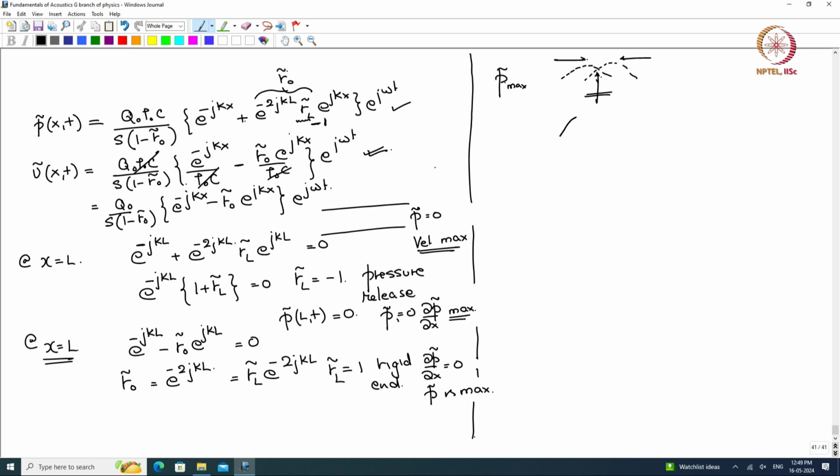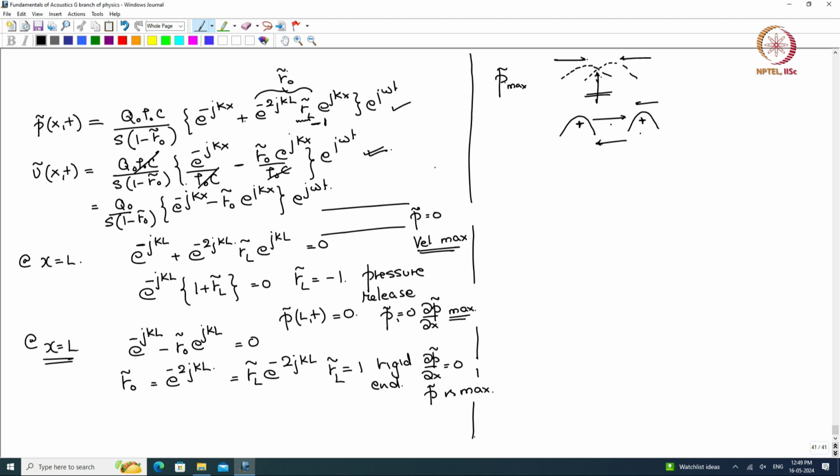So the incident wave has a velocity that is going rightward, and the reflected wave is allowing a pressure maxima because it has the same phase as the incident. So there is constructive interference of pressure, but because it is a reflected wave, the velocity due to this is leftward.